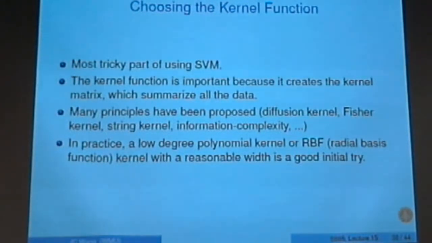Usually a low degree polynomial like this one, or the radial basis function kernel, works reasonably well. This is a good initial choice. You just try these types of kernels.